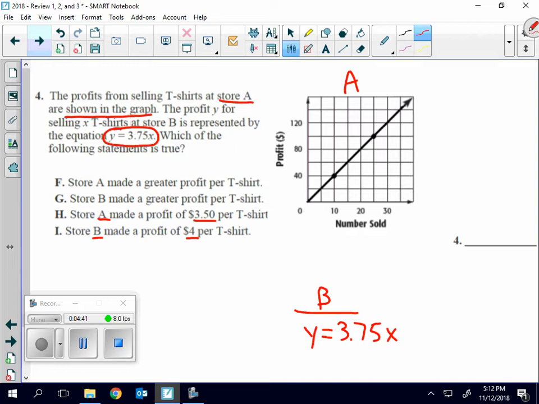Profit meaning dollars per number sold. Obviously, since it says a profit per t-shirt, we are talking about dollars per number sold. That is your slope. You want to find your slope, your y over x. You're changing y over changing x.